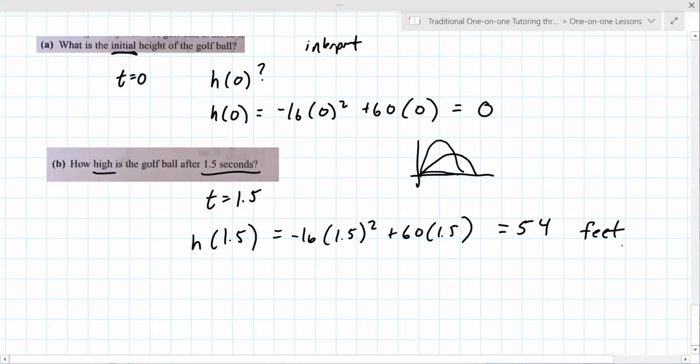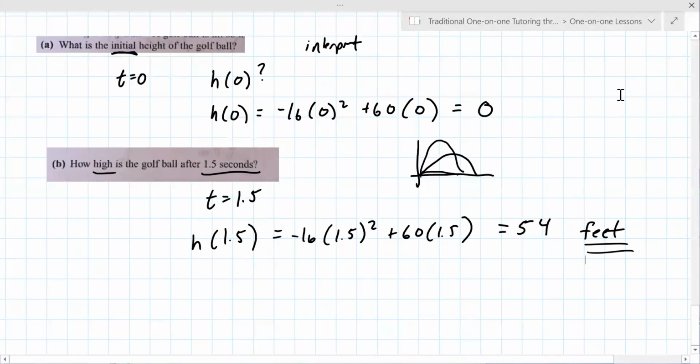In this case, it's in feet. So your instructor is emphasizing this right now. Is that okay? Any questions on that? No, that makes sense. Okay.